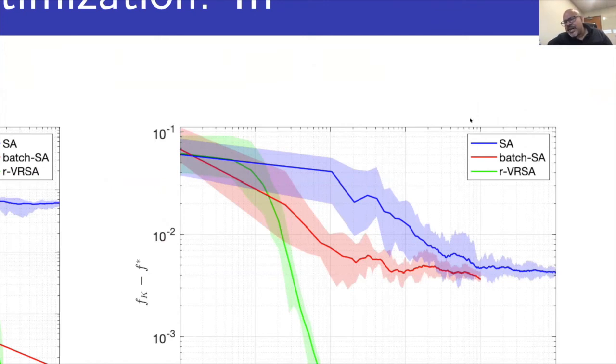The reason is that you increase the number of samples, but the batch size is fixed, so that bias afflicts the progress of the iterative sequence. The only way around that is to make sure that the bias goes to zero, and the way to do that is to increase the sample size as you continue.